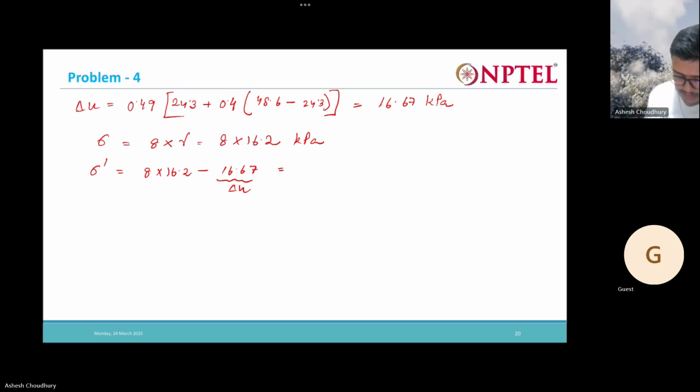This will be 112.93 kPa. All right. Now I can find the shear strength.